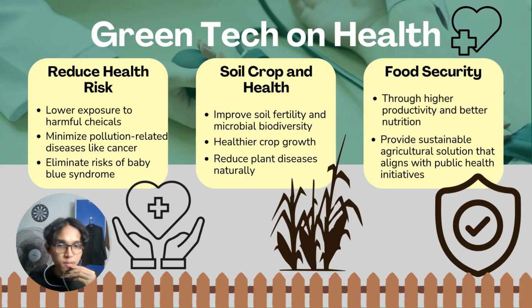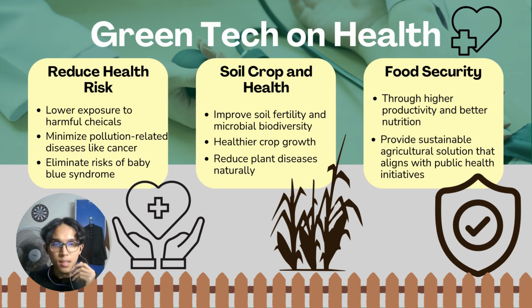So the last part of our discussion is the green tech on health. It is divided into three key points: reduce health risk, soil, crop and health, and food security. So the first point is reduce health risk.